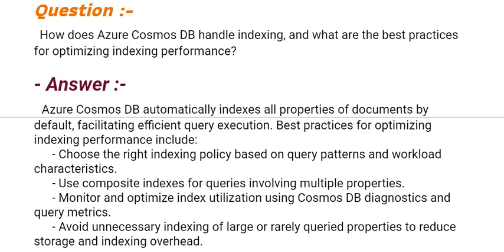The third one is monitor and optimize index utilization using Cosmos DB diagnostics and query metrics. And the fourth one is avoid unnecessary indexing of large or rarely queried properties to reduce storage and indexing overhead.